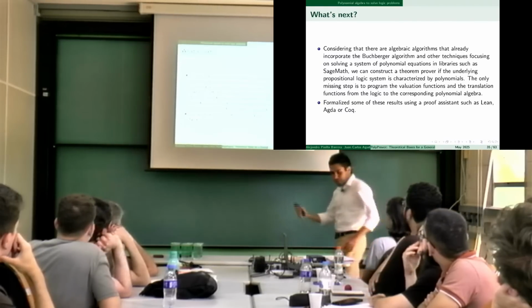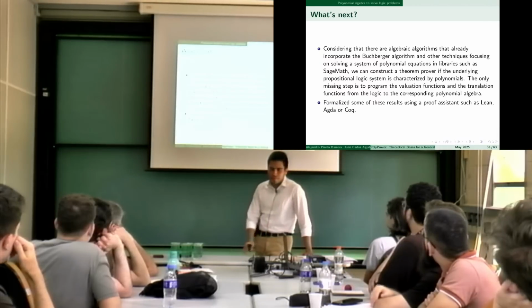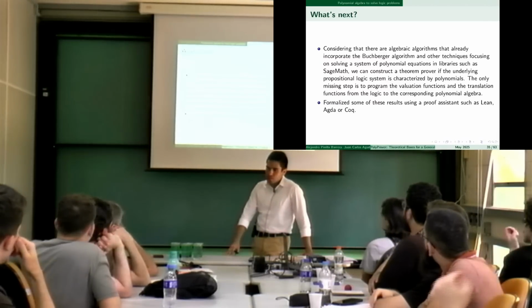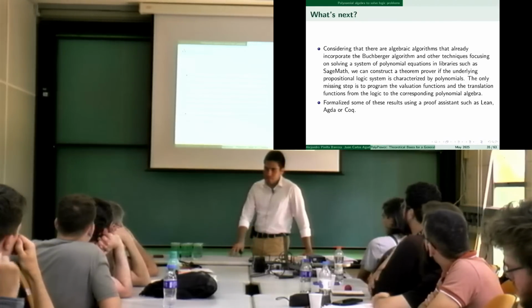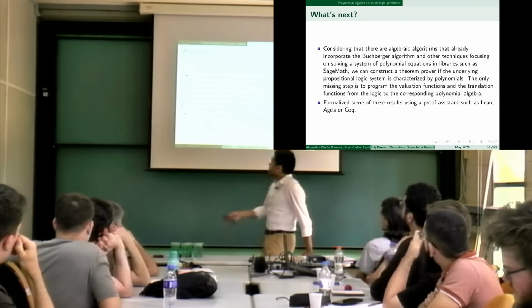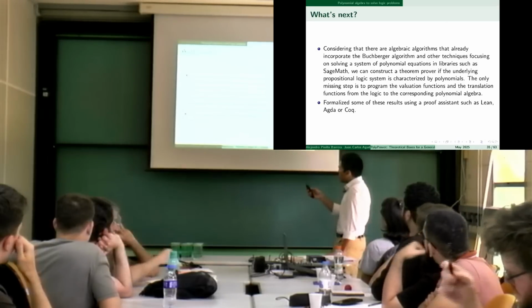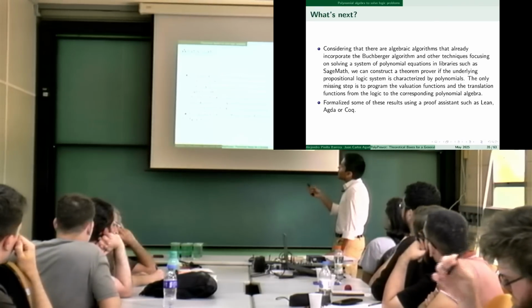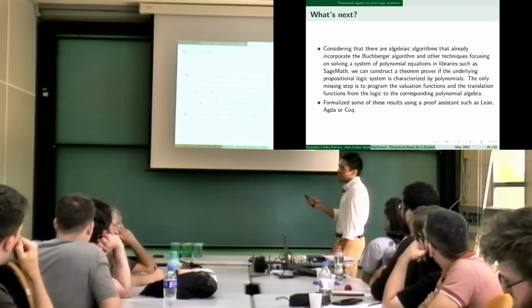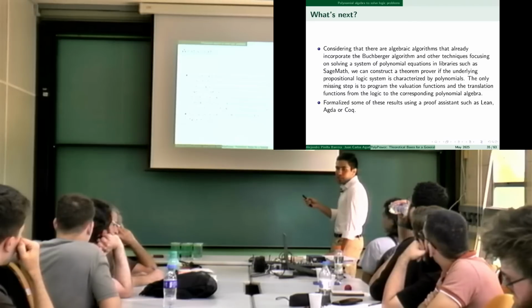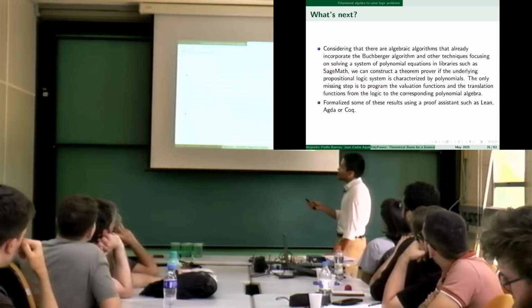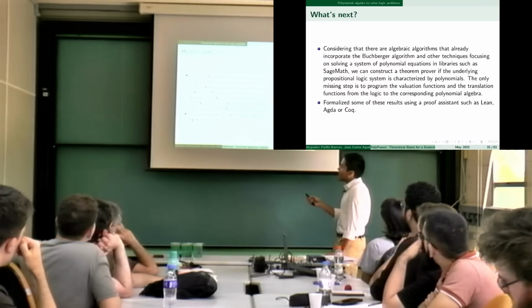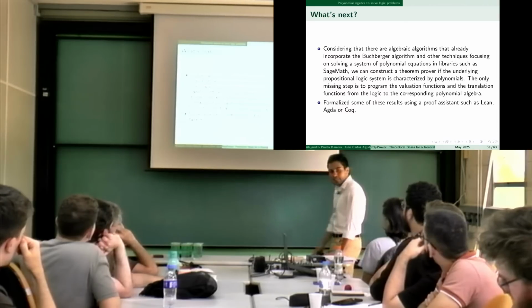We know that this method works for many different types of logical systems, so we can develop a theorem prover for this system using these techniques, taking into account that from the algebraic part we have libraries that already do the calculation of Gröbner bases and the solution of the algebraic problems. And the second approach is formalizing some of these results using type theory. And that's it.